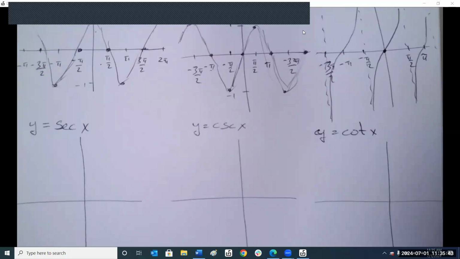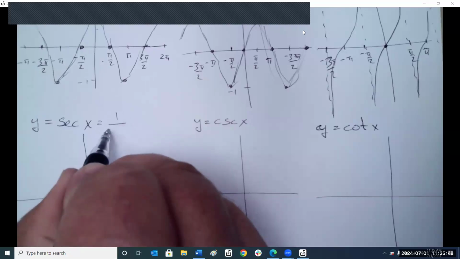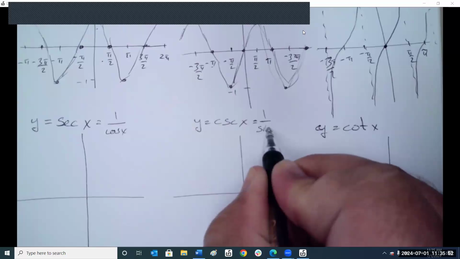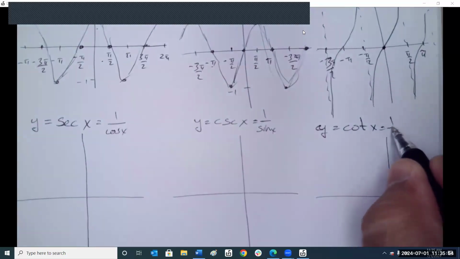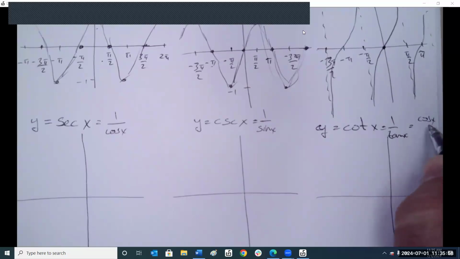These bottom three are known as the reciprocal functions because secant is 1 over cosine, cosecant is 1 over sine, and cotangent is 1 over tangent, which means it's cosine over sine.